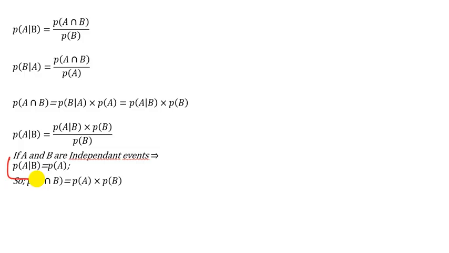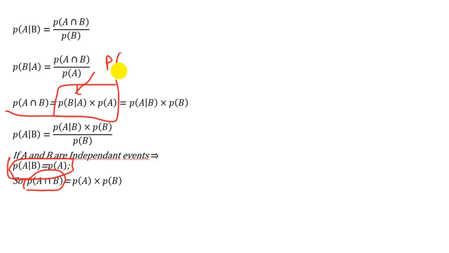And from this, by definition, we can say that the probability of the intersection is simply, for example, here we know that this one is P(B), and this is P(A), so it is P(A) times P(B).